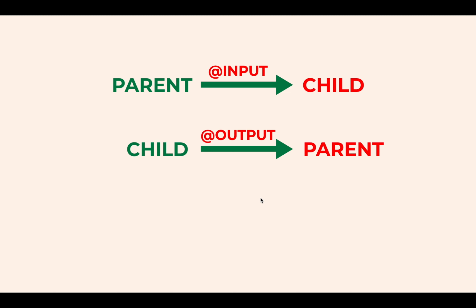The output decorator lets the data flow from the child to the parent. And in our third case, we are going to try and share data from any component to any other component using a service. But we are going to talk about services in another episode.